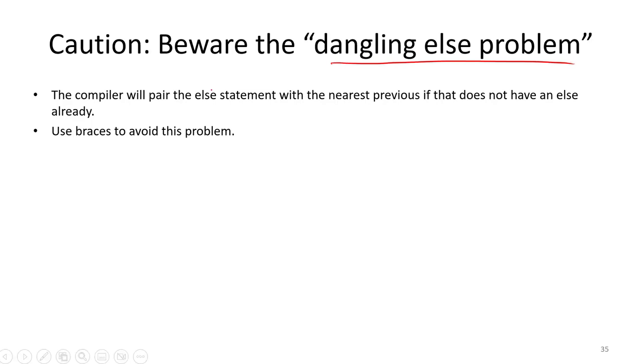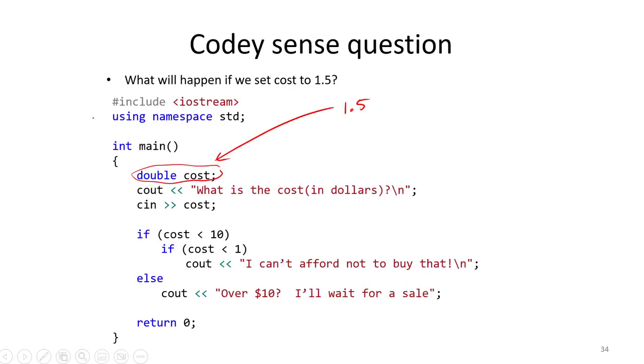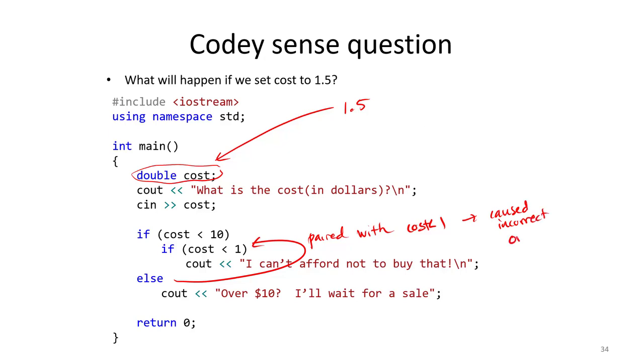The compiler wants to pair else statements with the nearest previous if, which does not have an else already. So this else statement was paired with cost less than 1, and that caused an incorrect output.